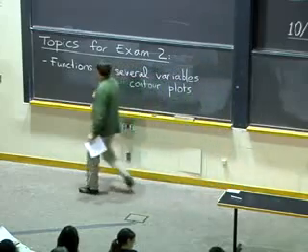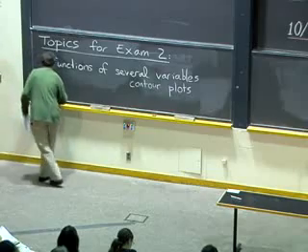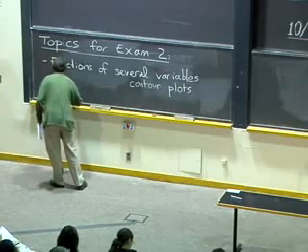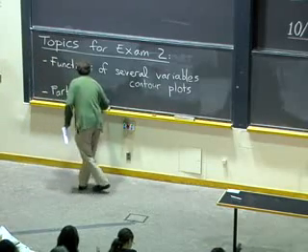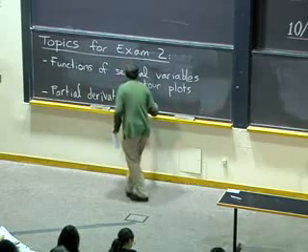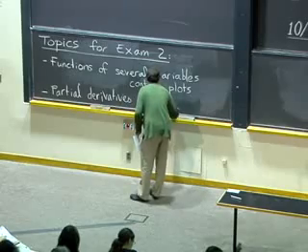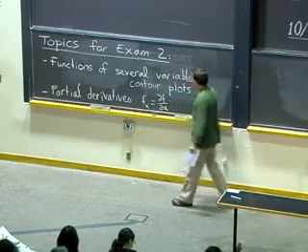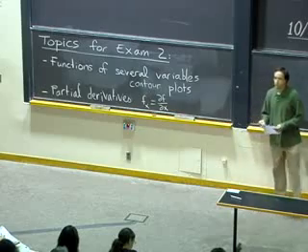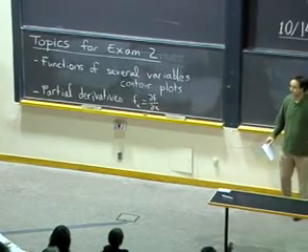And we've learned how to study variations of these functions using partial derivatives. Remember, we've defined the partial of f with respect to some variable, say x, to be the rate of change with respect to x when we hold all the other variables constant.